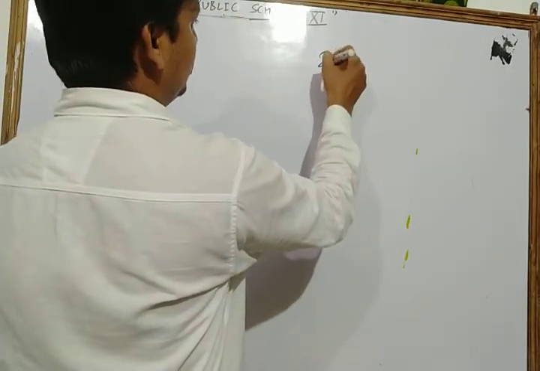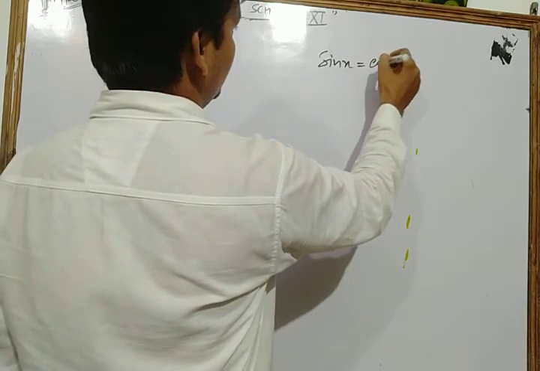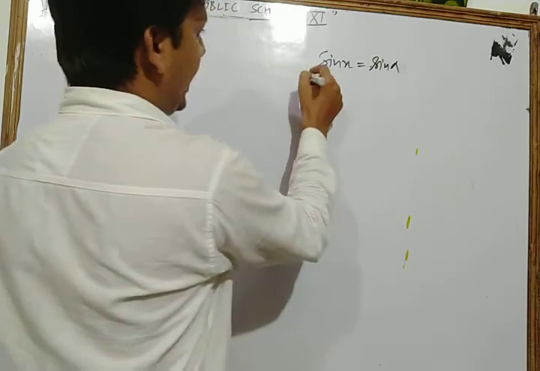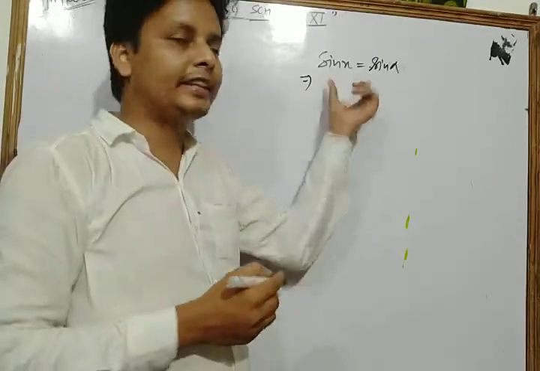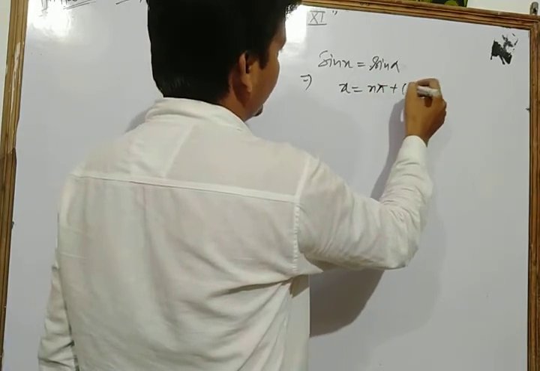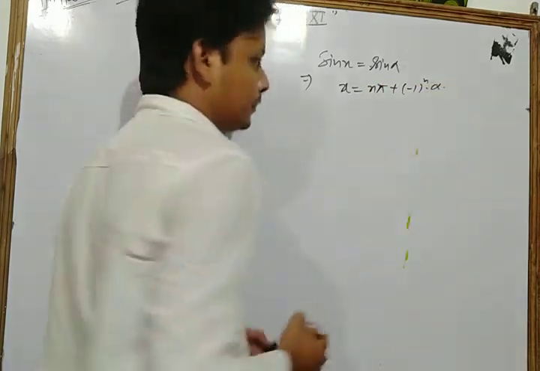Yesterday we discussed the trigonometric equation sin x = sin alpha, and the general solution of that equation is x = n pi plus minus 1 to the power n into alpha.